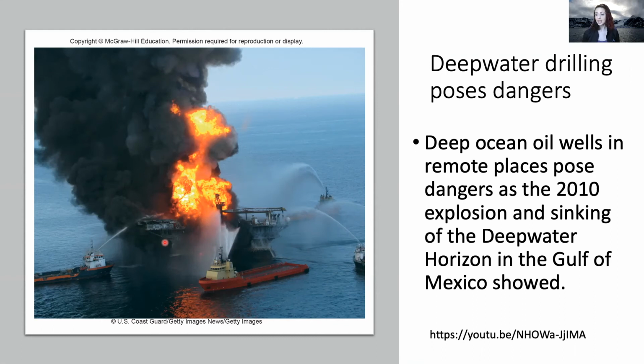For those 90 days, oil just gushed and gushed into the Gulf of Mexico, making this one of the worst disasters in terms of oil spills in United States history. That one was associated with BP oil. There was also one that occurred about a decade earlier by Exxon called Valdez. And so these dangers of deep water drilling are known, and they have manifested themselves in very palpable ways.